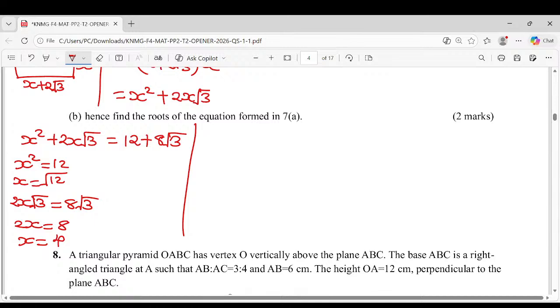Hence find the roots. So we have x being equal to 4 and x being equal to root 12. Remember, how do we usually get the roots?